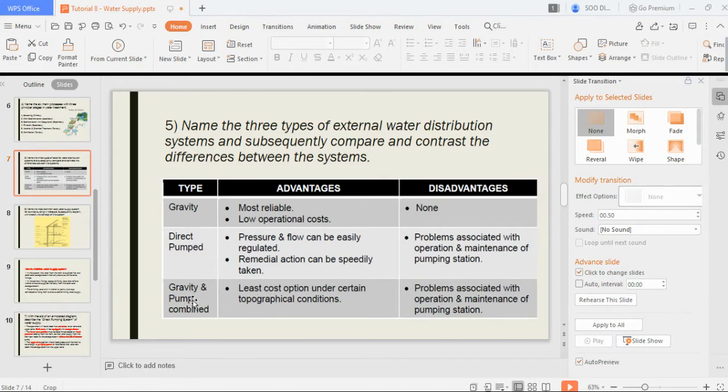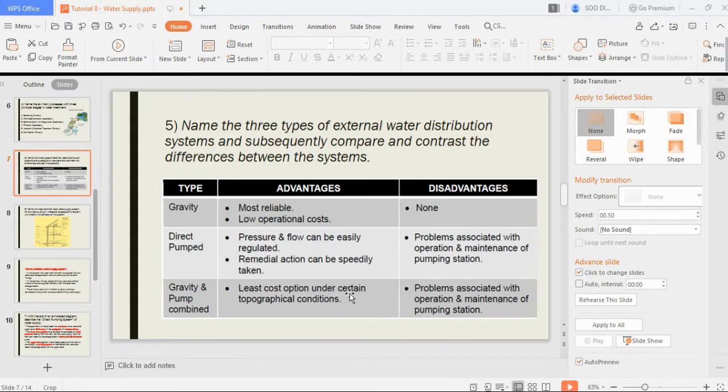So instead of fully utilizing pumping for all locations, we use a combination of gravity and pump. It will actually cost less as compared to only using a pump to distribute the water to the area. It will cost less because not a lot of pumps will be required, or not a very big pump will be required, but still the disadvantage regarding the usage of a pump is still there.